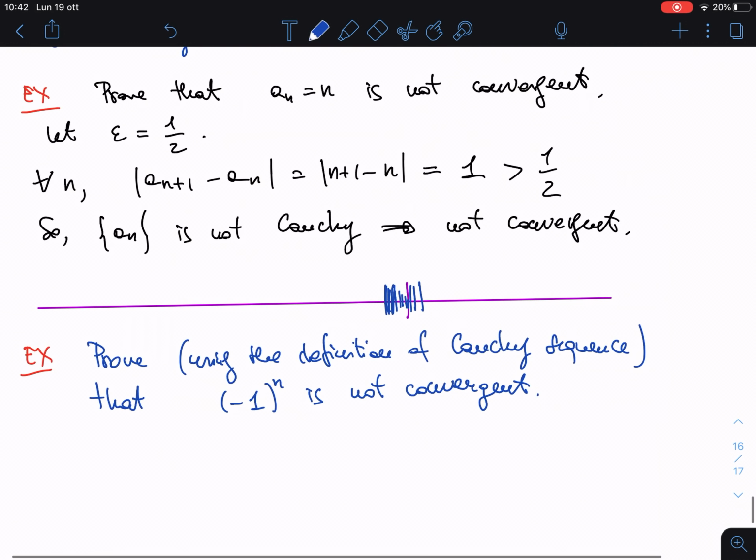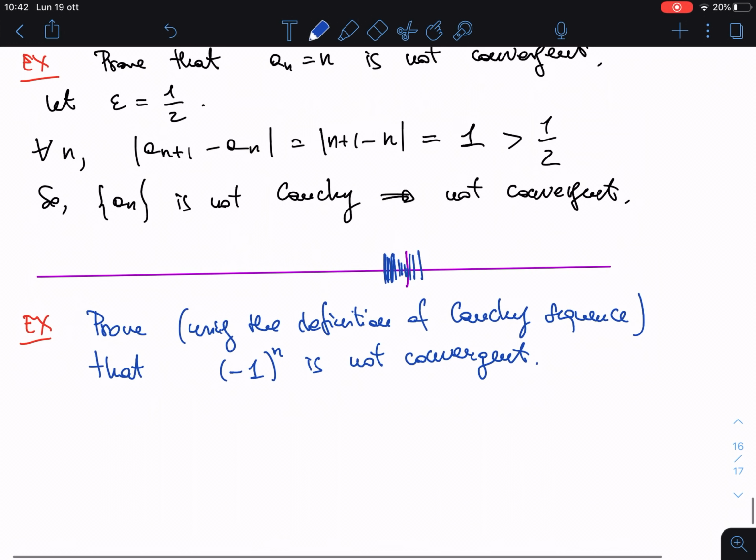Now, we want to go back to a_n equal to n, and we want to focus on this feature.